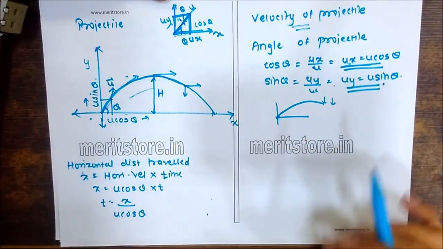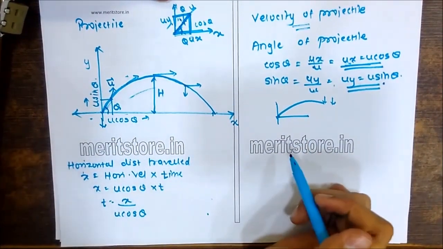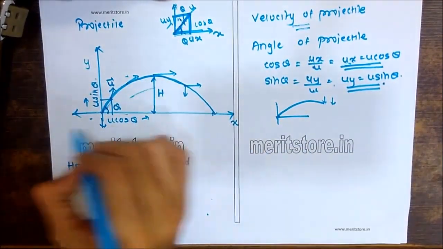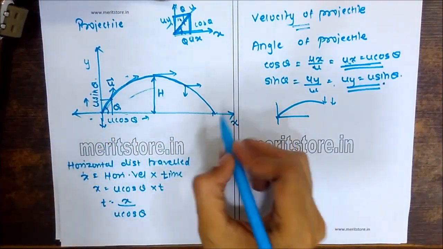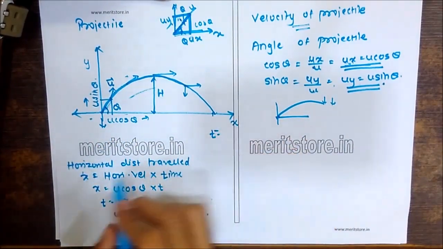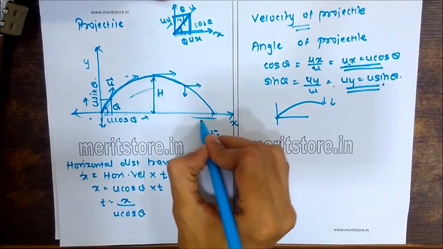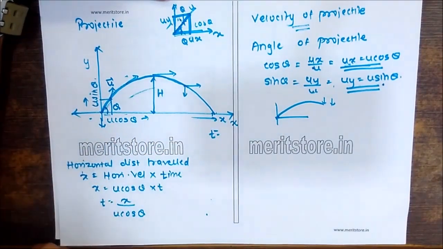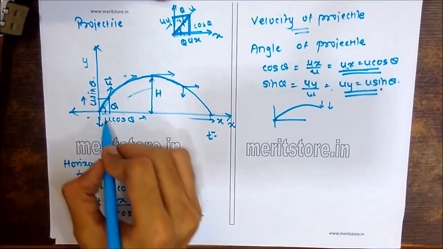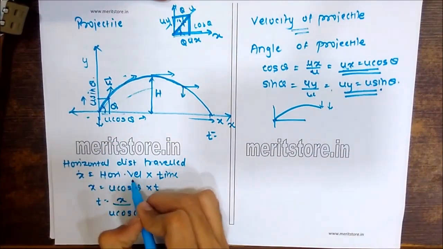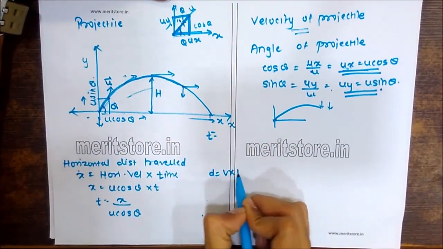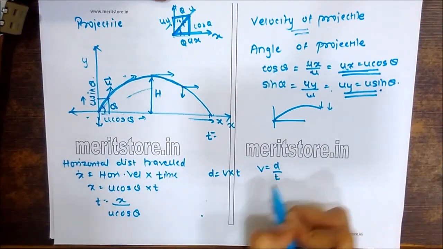Now, moving further, we'll find the horizontal distance traveled by the particle. For that, we first need to find the time. How much distance is traveled along the x-axis? Our distance traveled is nothing but velocity into time, as velocity equals distance upon time.